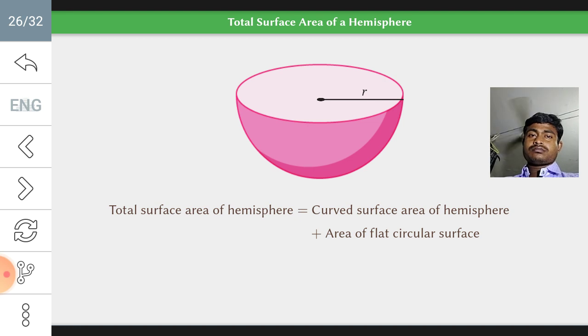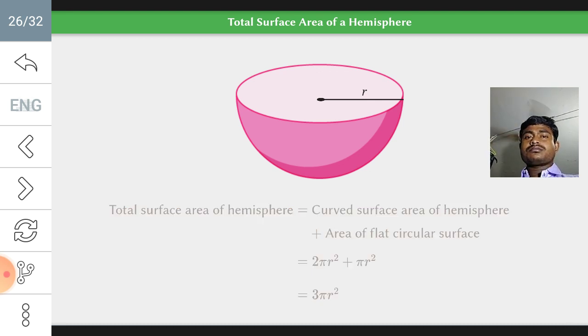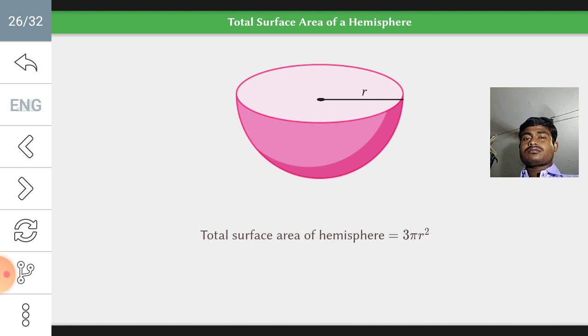Thus, the total surface area will be equal to 2 pi r squared plus pi r squared, which is equal to 3 pi r squared. Therefore, total surface area of a hemisphere is equal to 3 pi r squared. Tap the button to understand this better with an example.